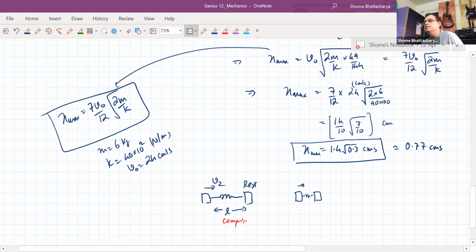From this position to this position, VA is greater than VB, so the spring is compressing. After this, B picks up more speed than A. So in the next part of the journey, VB becomes greater than VA, and the spring starts relaxing.